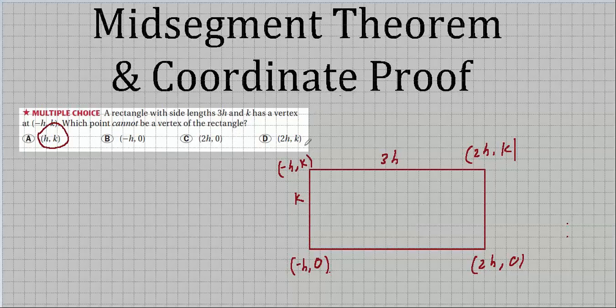Just arbitrarily grabbing a point and deciding that's minus h, k, that wasn't the smart way to do it. Observing that our bottom y-coordinates are 0, our top y-coordinates are k, our far left x-coordinates are minus h, and our far right is 2h, it made sense to put minus h at the far left and k at the top, which put it up here.